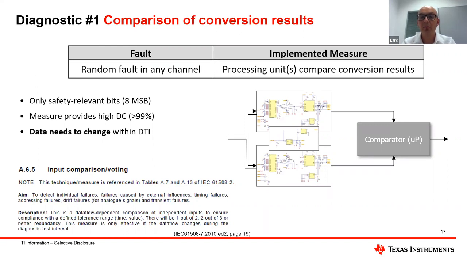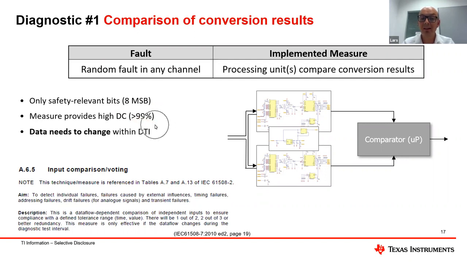And if the comparison is good within the range, then you already have quite a good idea that everything works as expected. Only the 8 MSBs are important, right? The safety relevant bits, and we can already get a DC of more than 99%.